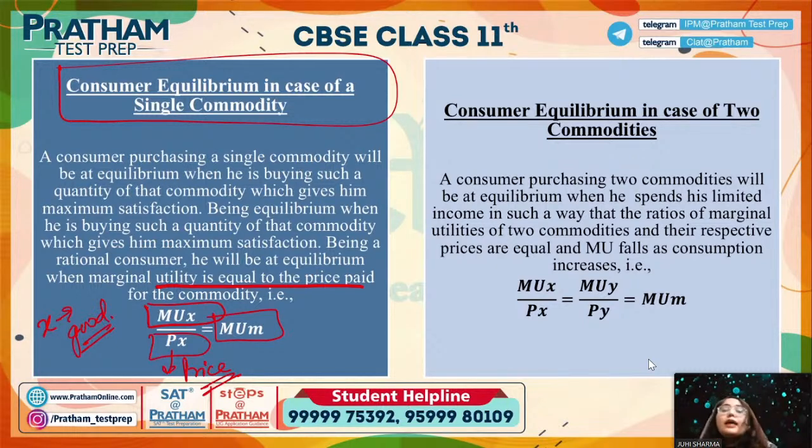I'm telling you again, whenever a consumer is very rational, very smart, whenever a consumer wants to be at equilibrium, कब वो equilibrium पर आएगा? जब marginal utility of any goods and services, right, वो किसके बराबर होगा? It will be equal to the price he has paid for that particular commodity. So MUx upon Px, x being the good, and then you will get the marginal utility of money, right?